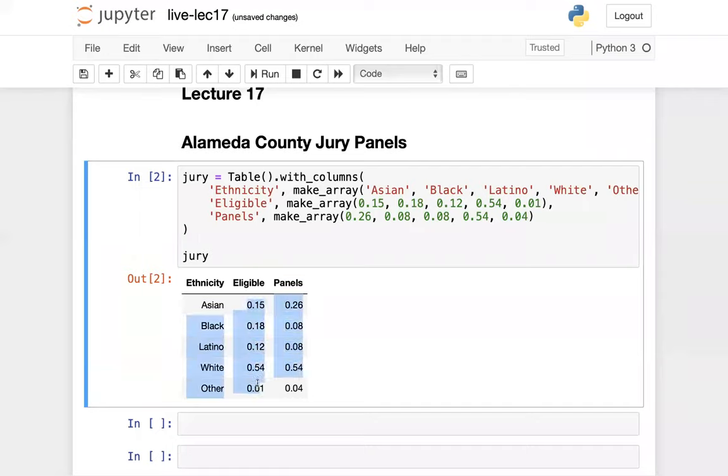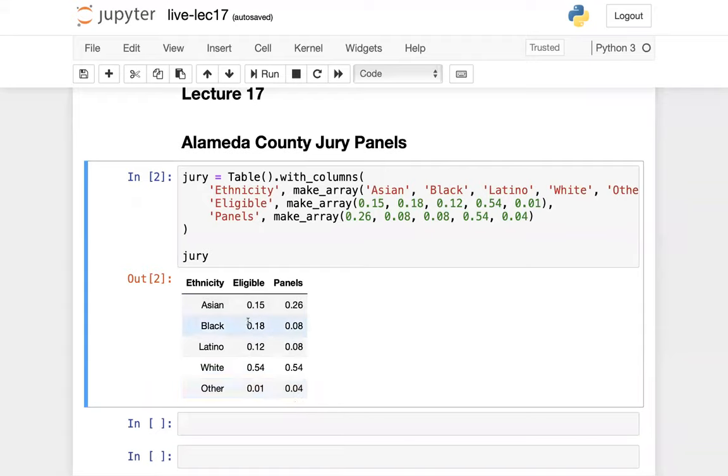So again, the eligible basically comes from the entire population of people who are eligible for the jury. The panels column comes from what we actually observed happening in an example panel, let's say. And so there's clearly a discrepancy here, right? And the big question that we want to ask is, was this panel really randomly selected?